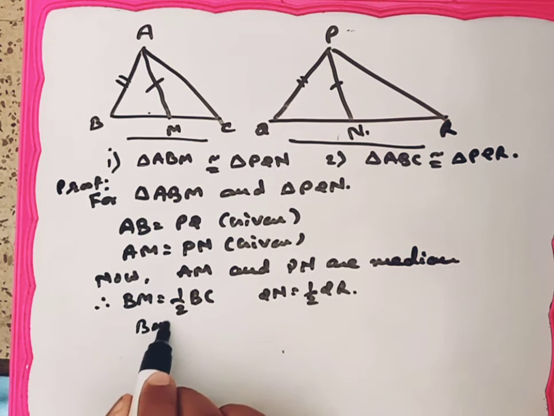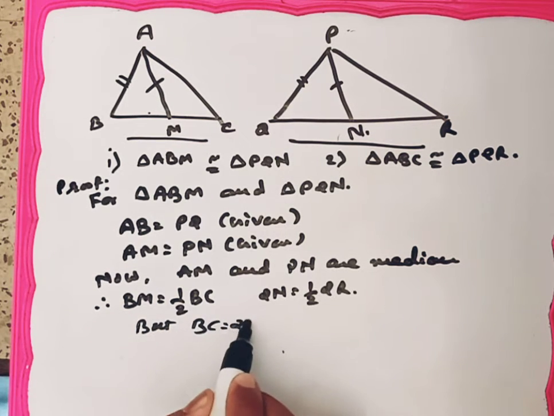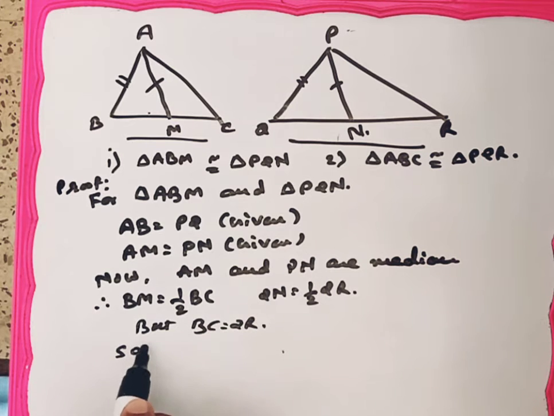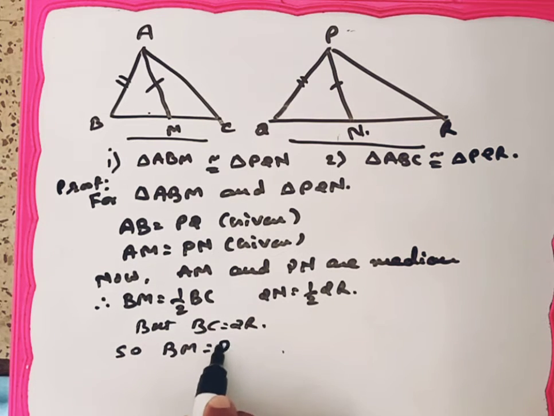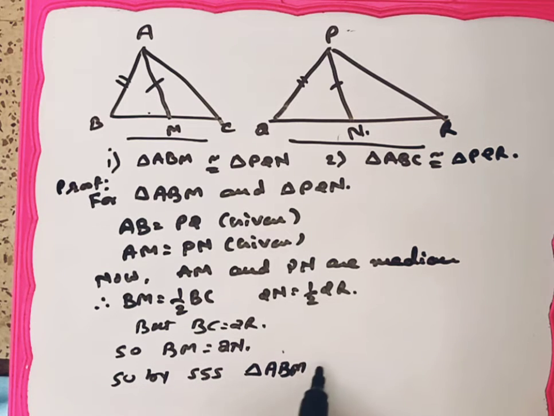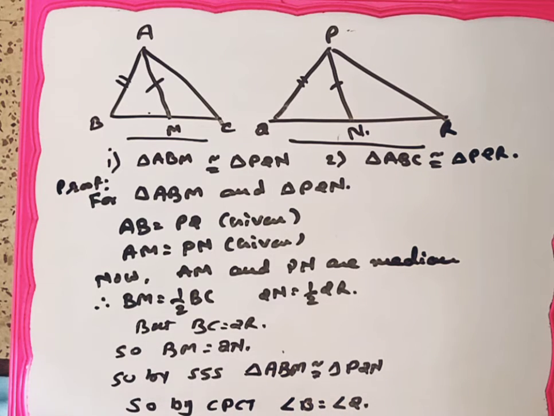But it is given that BC equals QR, and so BM equals QN. So by SSS, triangle ABM is congruent to triangle PQN. So by CPCT, we can write angle B equals angle Q.